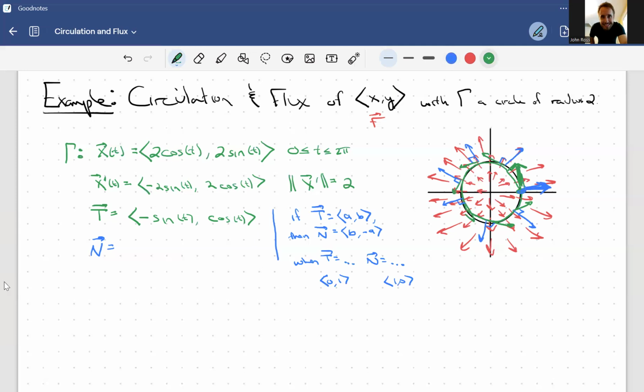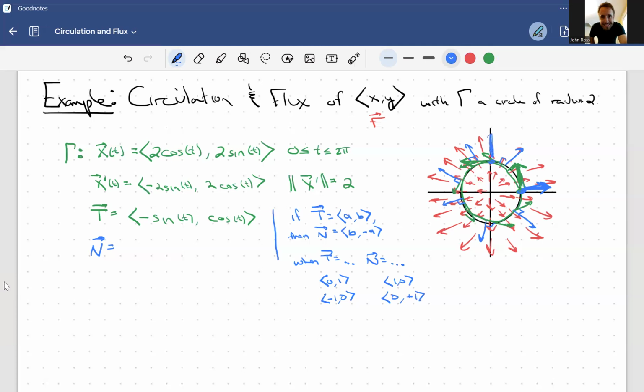Similarly, when t is the vector, let's say, -1, 0. So if we're up here at this very top point of the circle, our unit tangent vector is going to be -1, 0, pointing straight to the right. Our normal vector will be 0, comma, and then -(-1), so we'll get 0, 1.